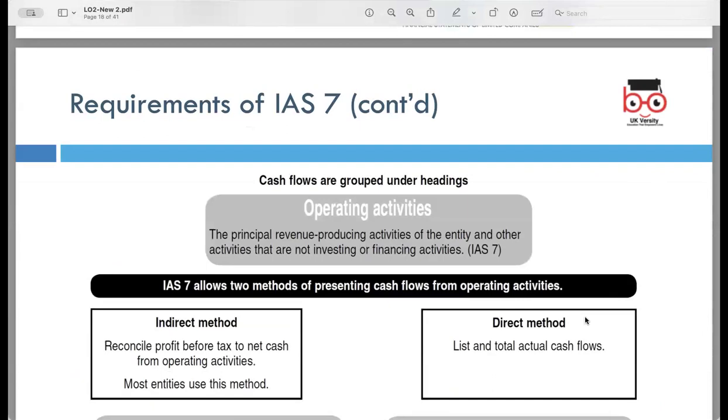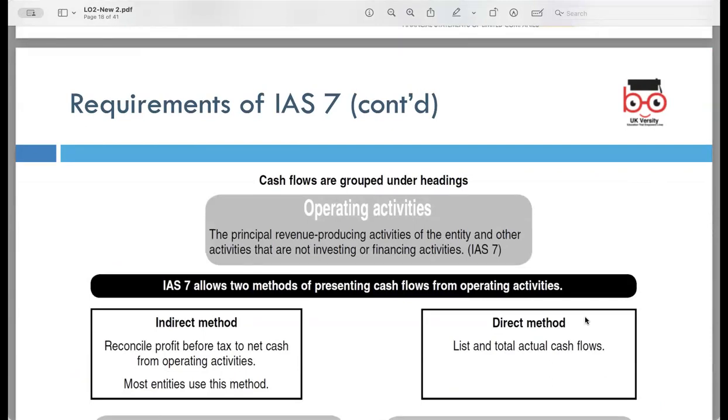Okay, so operating activities are the principal revenue producing activities of the entity and other activities that are not investing or financing activities. There are direct and indirect methods. The indirect method is most commonly used. This method reconciles profit before tax to net cash from operating activities.